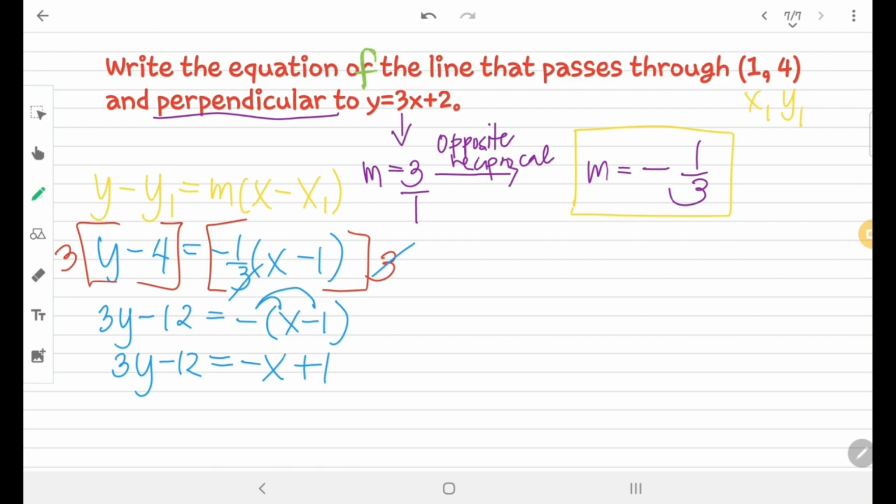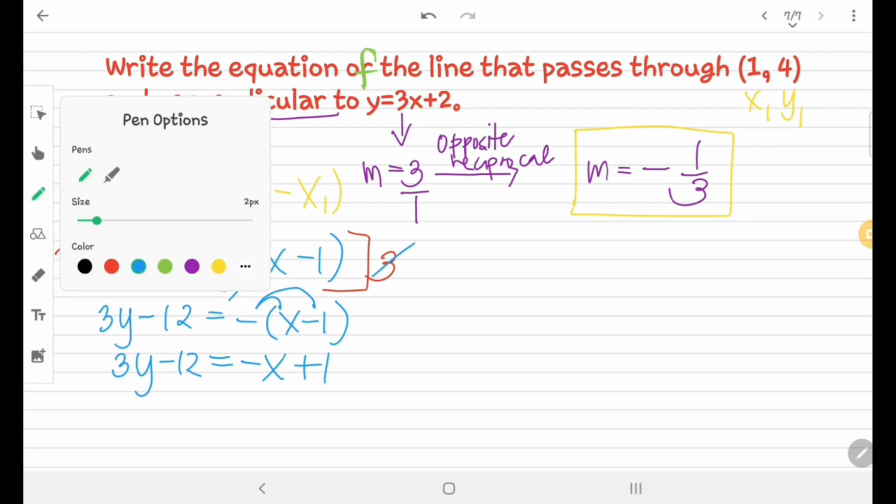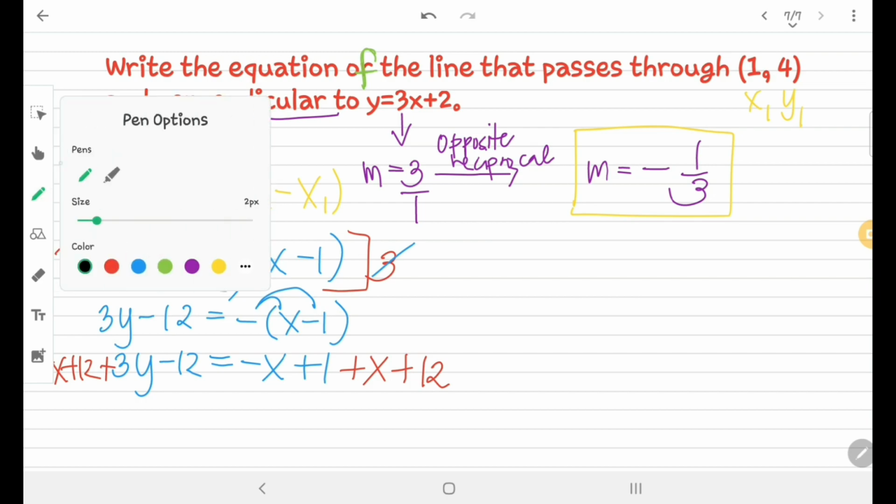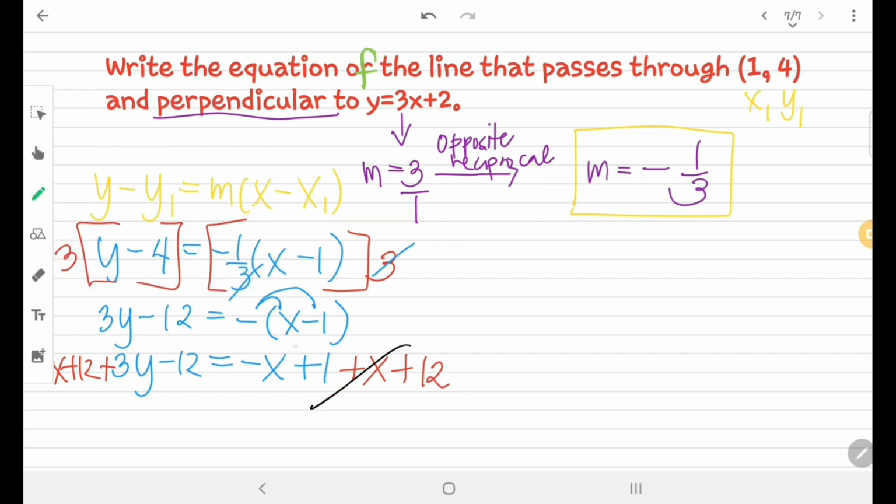And then, dahil standard form, yung constant lang yung nasa isang side, mag-add ako ng x at mag-add din ako ng 12 para malipat yung 12 dito. So, we will be having x + 3y = 13.